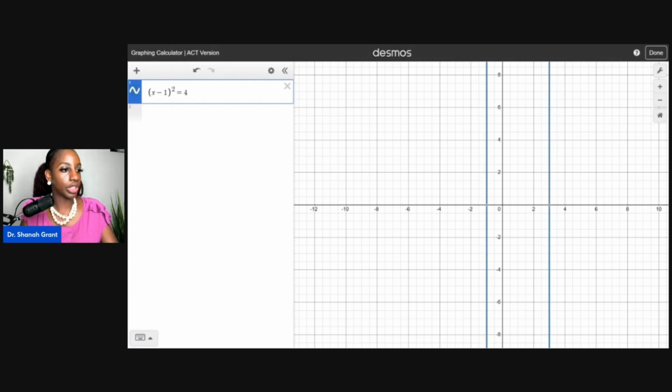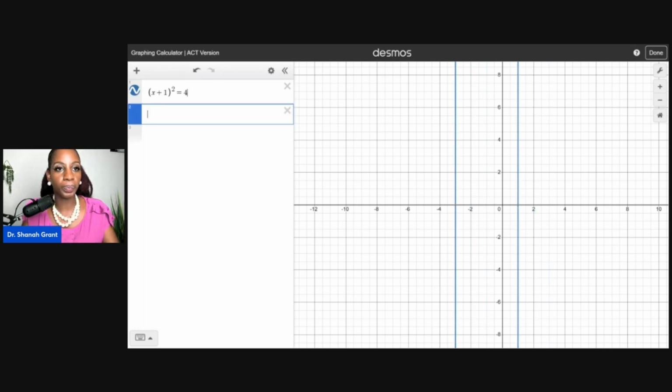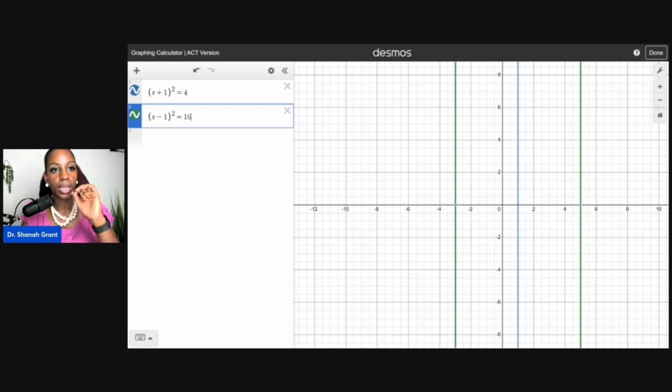Let me double check. No, it's x plus 1. Okay, so it's (x+1)² is equal to 4, and we have (x−1)² is equal to 16. These are the equations that we had.